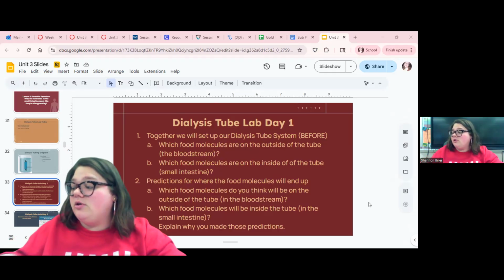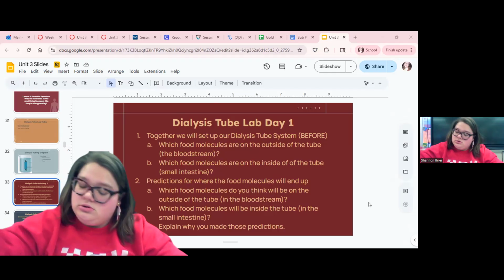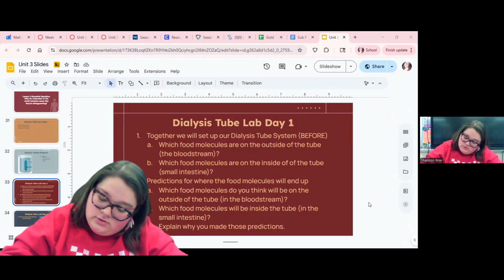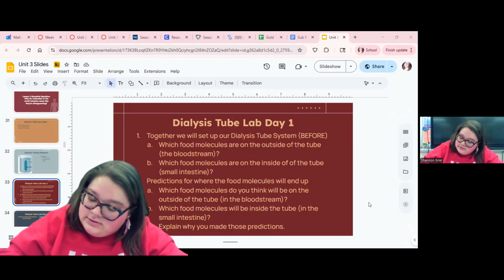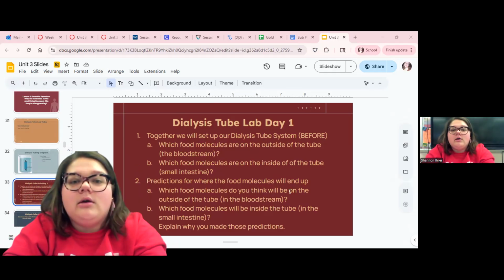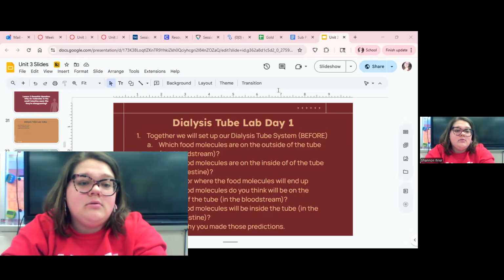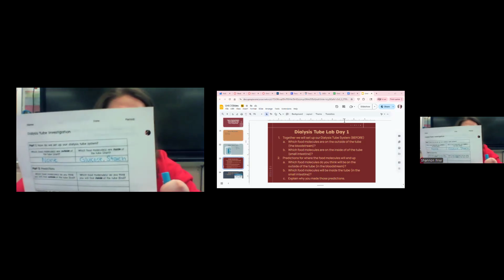That is going to be glucose and starch. So we have none, and then glucose and starch on the inside.